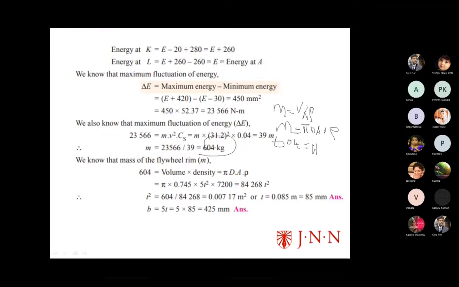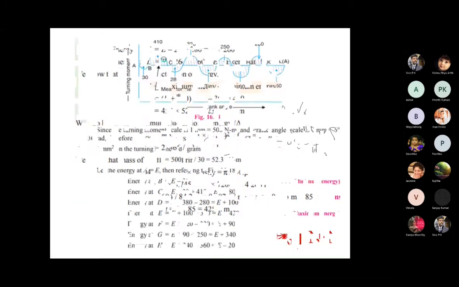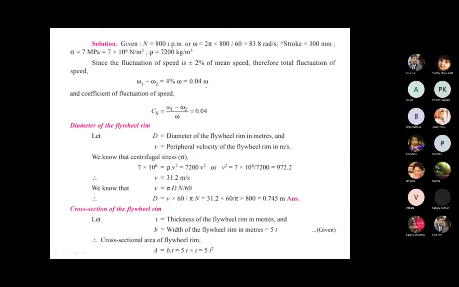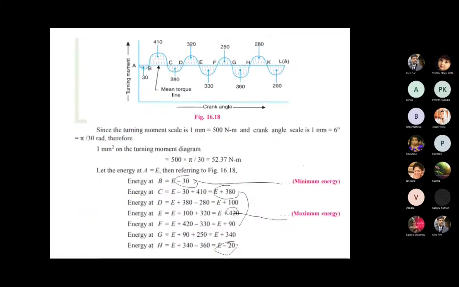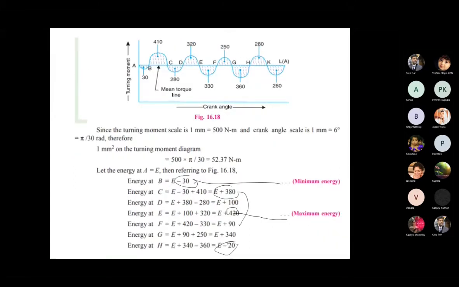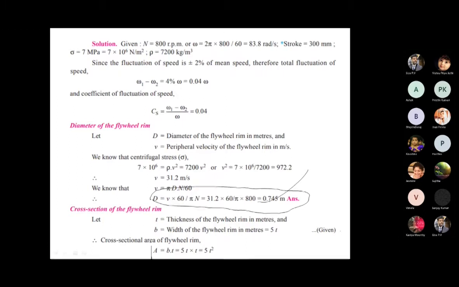Pi and d value, where did we find d? See here, d value is 0.745 meter. So d is found here. Substitute that value here, so 0.745 into the formula for A. A equals b into t actually.